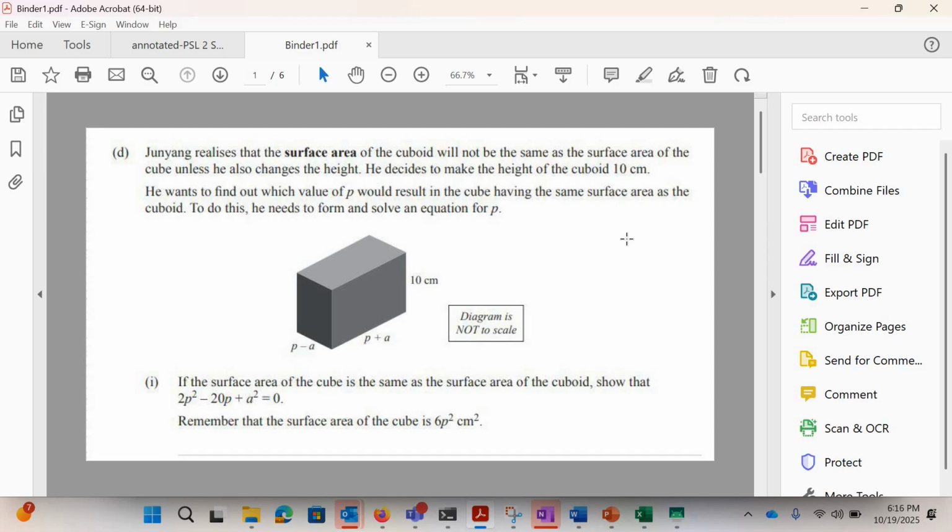The sides of the cuboid would be p minus 7, p plus 7, and 10, so we'd go 9.6 minus 7 by 9.6 plus 7 by 10. And I don't want to add that. You probably know how to add, so I'm going to leave that alone. So that's this terrible problem done.